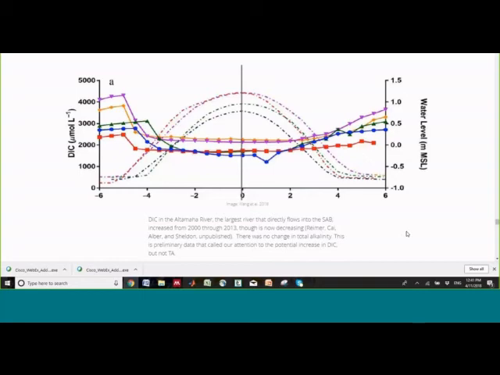So again, this is going back to some of the research that's being conducted in the Georgia coastal estuaries right now. We're looking at dissolved inorganic carbon versus the water level.